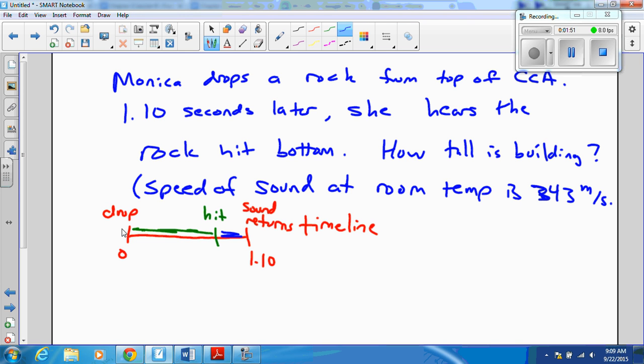Let me move that. So our hit really should be drawn about right there, because it only takes a short amount of time in order to get to the bottom.